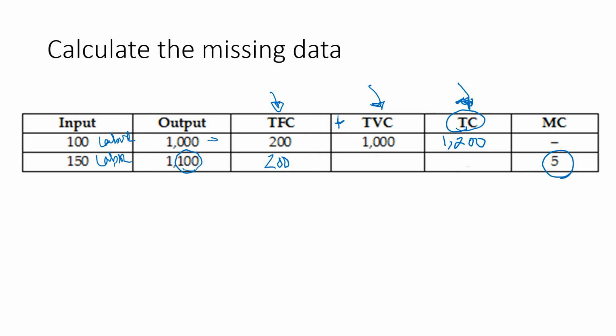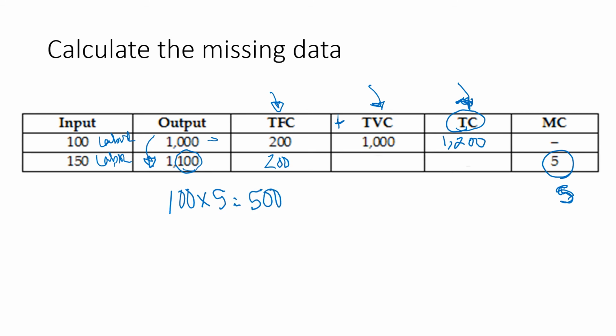Now we need to figure out the total variable cost and the total costs for an output of 1,100. We know the marginal cost is 5, which means that it costs us $5 per unit to produce every additional unit from going from 1,000 to 1,100. So we're increasing our output here by 100, and each of those units is going to cost us an additional $5.